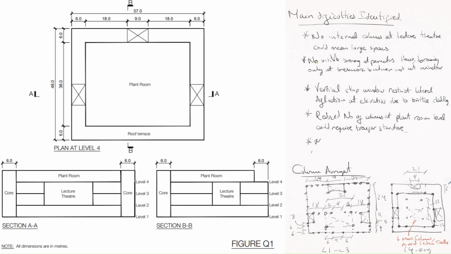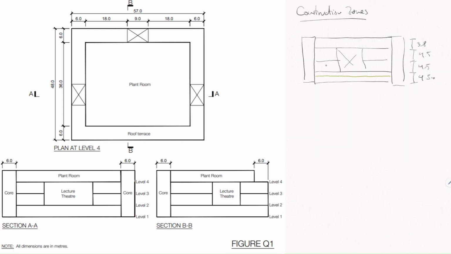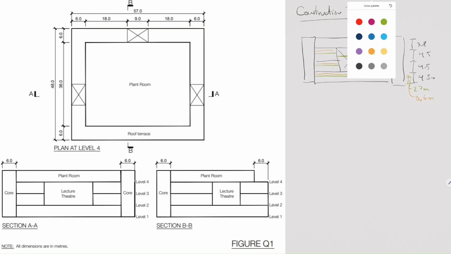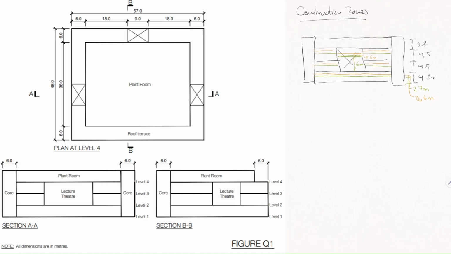Once I have the column arrangement, then I start preparing the construction zones. Basically, this is based on the client requirements. I start to define what's the depth that I have allowed for each level to put my structure, my floor and my beams.